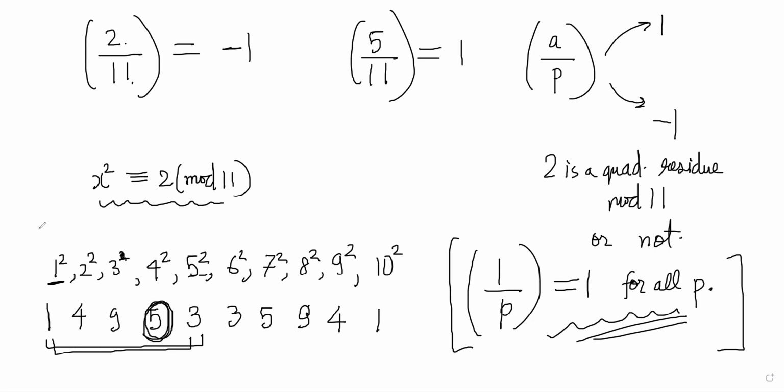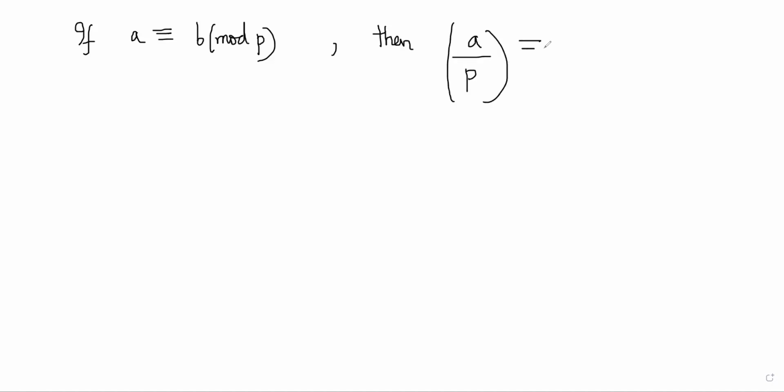Now, one more thing we can do is, if A is congruent to B mod P, then we can say that the Legendre symbol A over P will be equal to the Legendre symbol B over P, right? Because A is congruent to B mod P, so A over P means what?